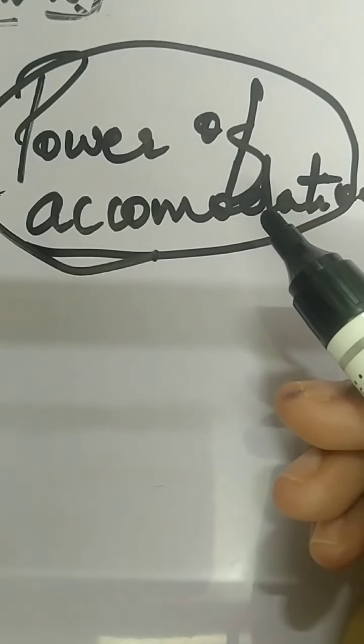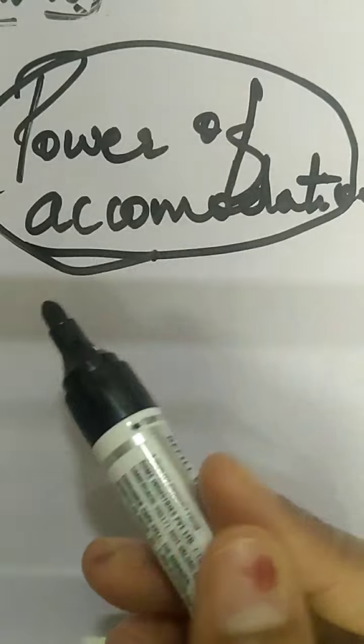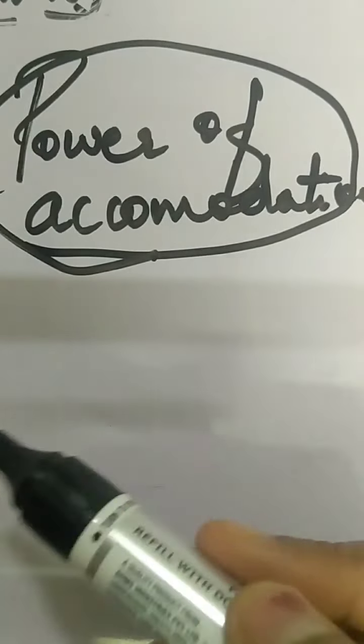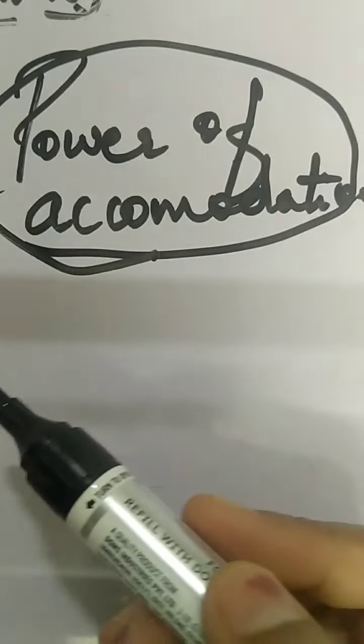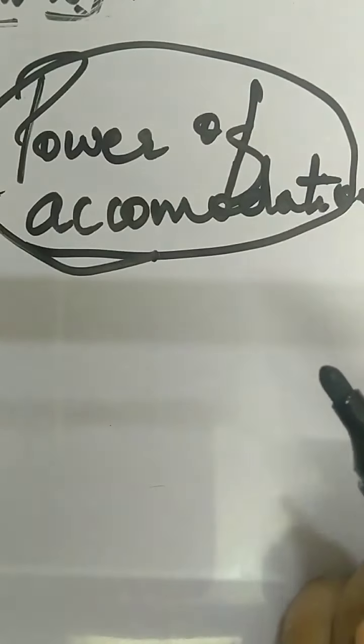Is our lens able to adjust the focal length? Then we have our eyes strong. Suppose our eyes are not able to adjust the focal length, then we are suffering from an eye defect. That can be myopia or hypermetropia, or in old age presbyopia.